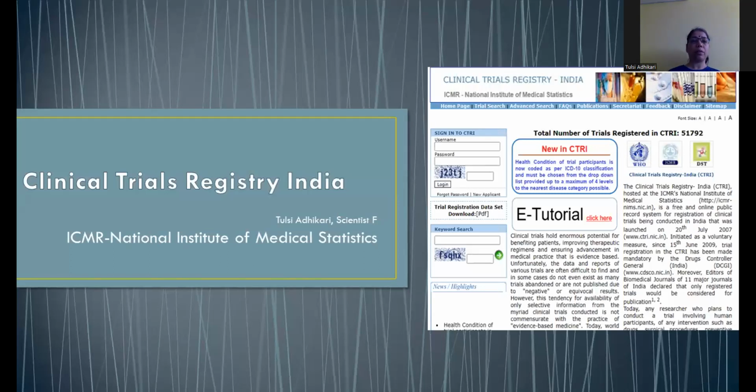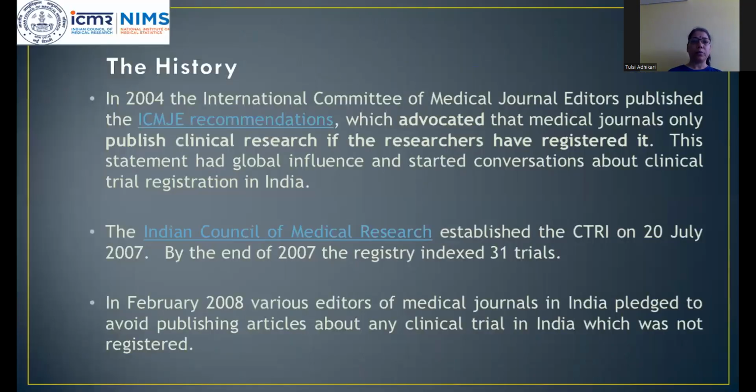Yes, ma'am. Okay, okay. So I'm going to talk about the trial registration in the Clinical Trial Registry. CTRI was actually established in the year 2007 by ICMR, hosted by ICMR NIMS, National Institute of Medical Statistics. So let me give you a little history about the trial registries.